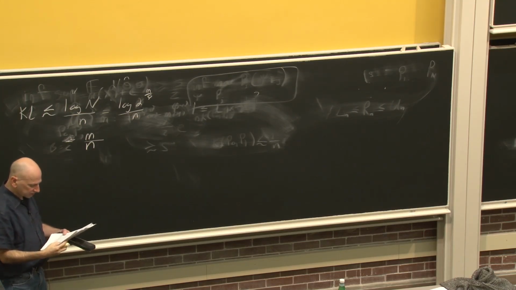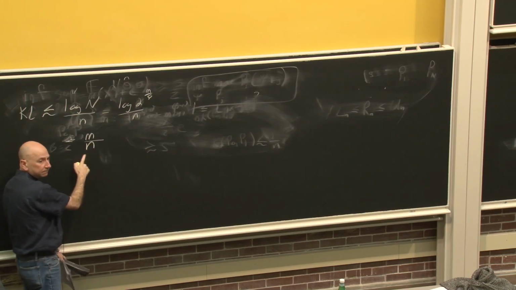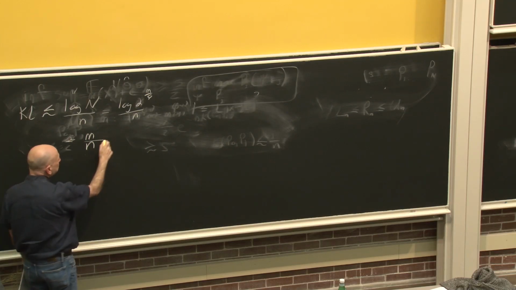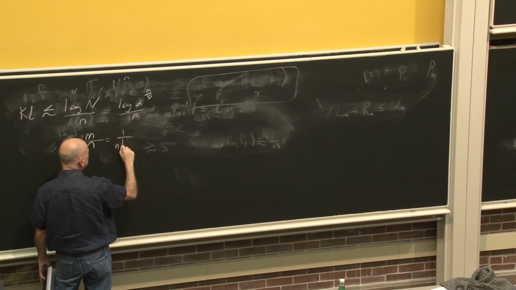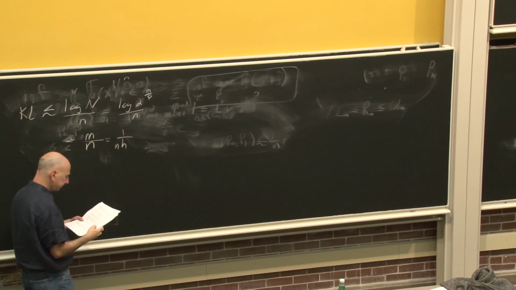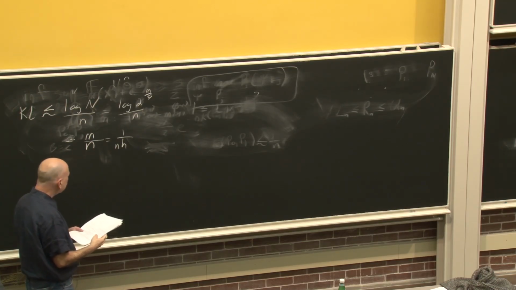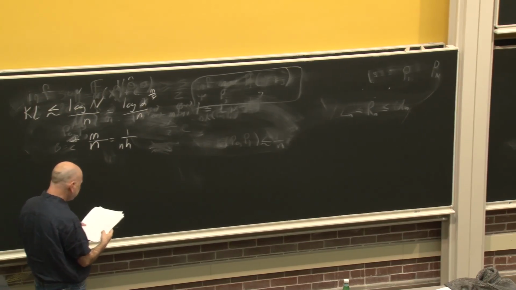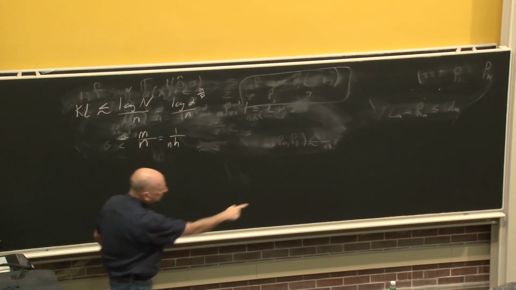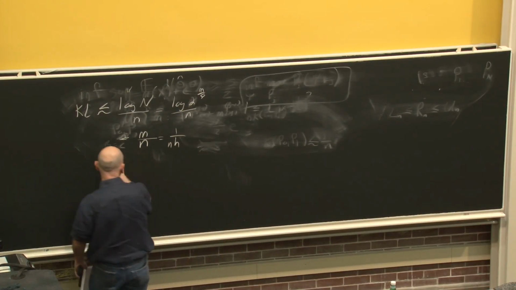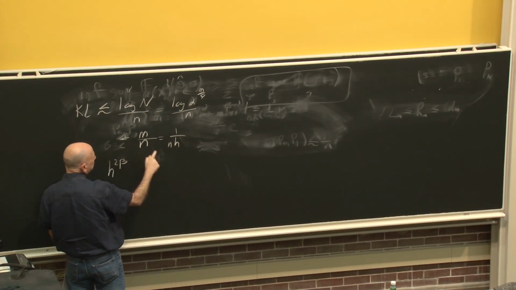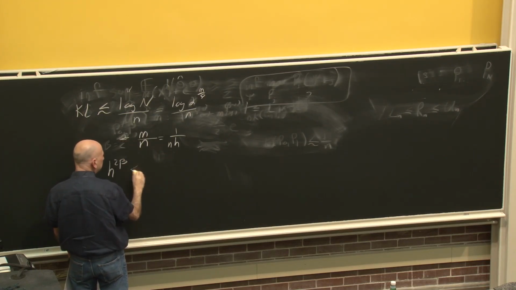Let's make sure it agrees with my notes. Yeah. But m is 1 over h, so that's 1 over n h. So what do I need? I need the Kullback-Leibler distance, which we just said has to be less than this.